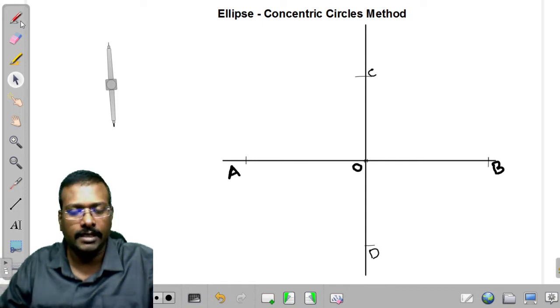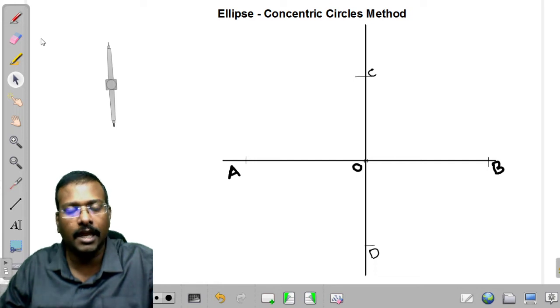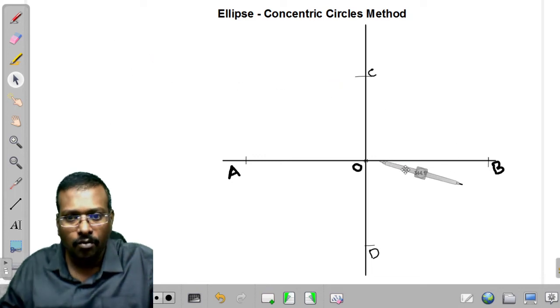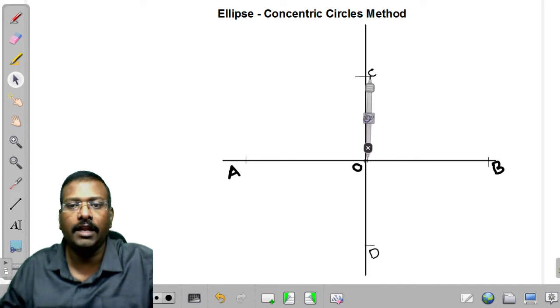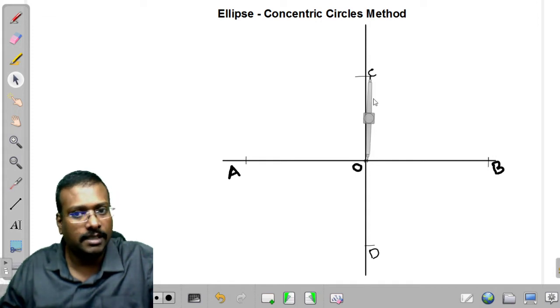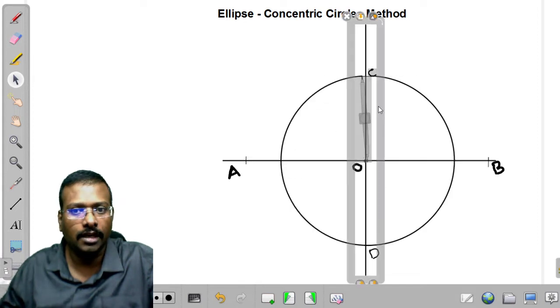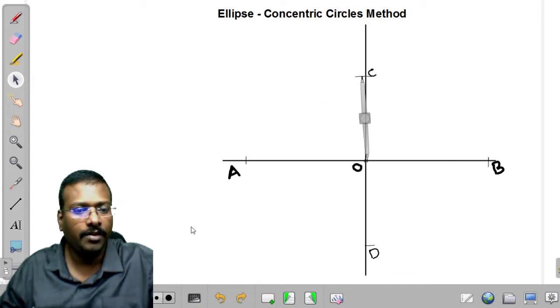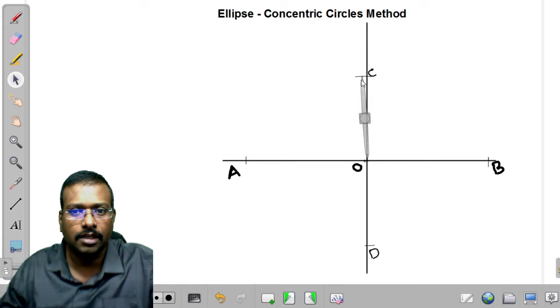After getting A, B, C, D, with O as center, construct the major circle and minor circle. With O as center, half of the minor axis as radius, that means OC as radius, construct the circle.